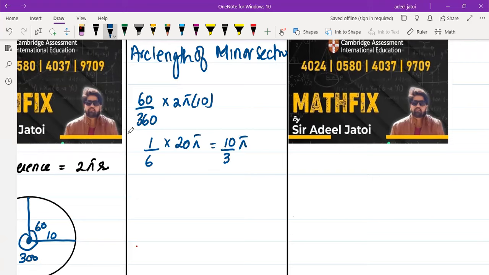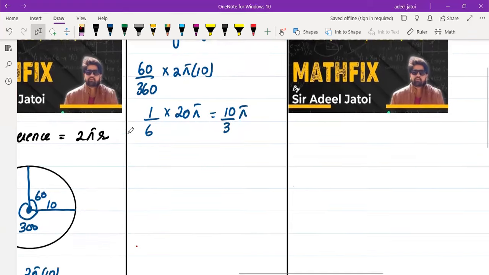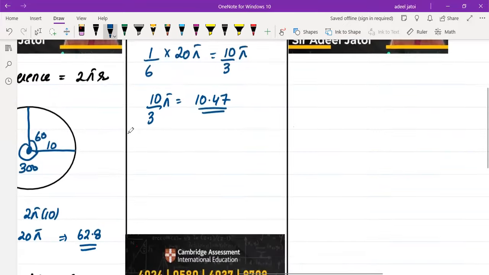If I want to express the arc length of the minor sector, 10 upon 3 pi is the answer. But if the examiner wants us to calculate it, we put 10 upon 3 pi in the calculator and the answer will be 10.47 for the minor arc length.